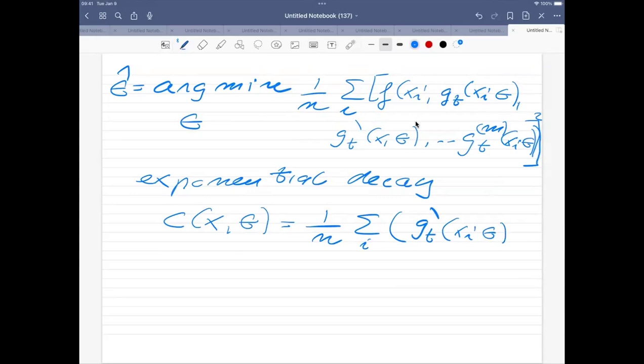So the parameters theta are unknown, and we are going to train them by setting up a neural network. And this is a minus. And now we're putting in the expression for the derivative, which is minus gamma of g_t of x_i of theta. And this equation here, this difference, is then squared.